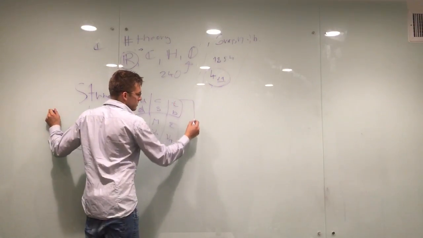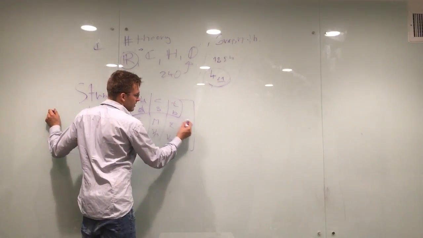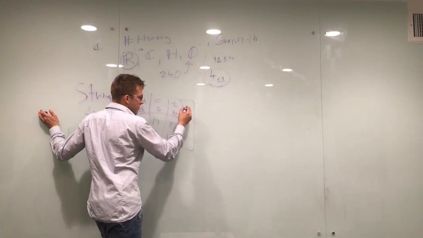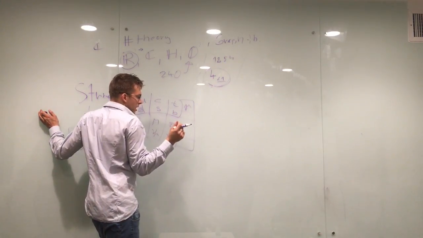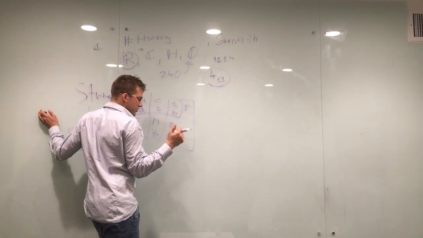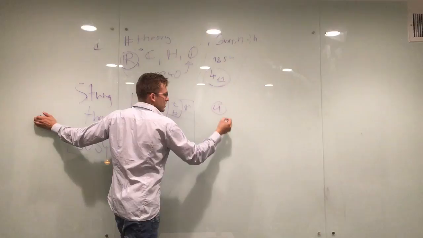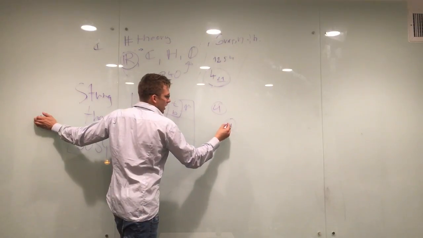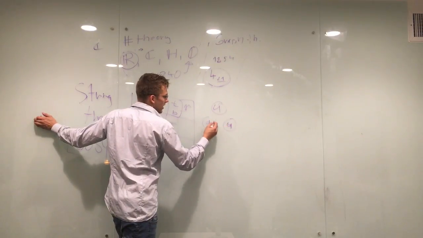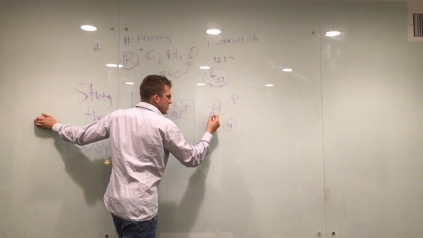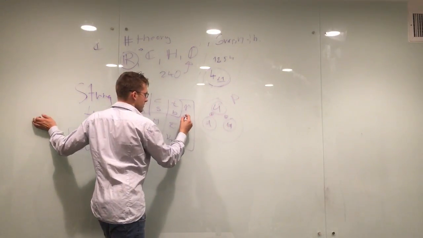Then we have bosons, which are particles that mediate forces. So electromagnetic force is mediated by photons. Strong nuclear force, the force that holds two up quarks and a down quark together to create a proton, those are gluons.